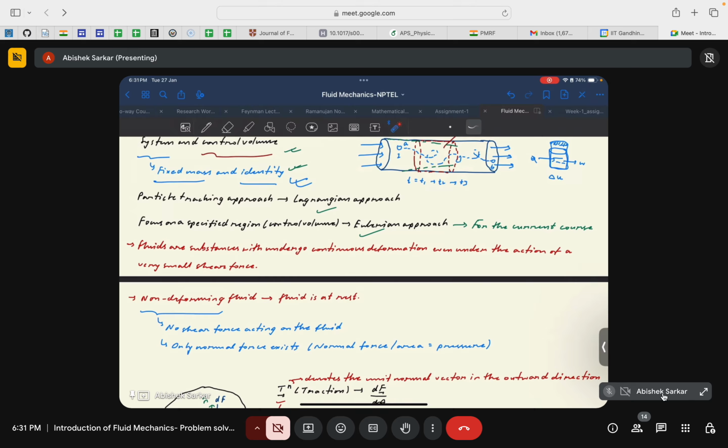But a formal way to define fluid would be that fluids are substances that undergo continuous deformation under the action of even a very small shear force. If it would have been a solid rather than a fluid, and we impart any kind of force on a solid, it will give us a reaction force.